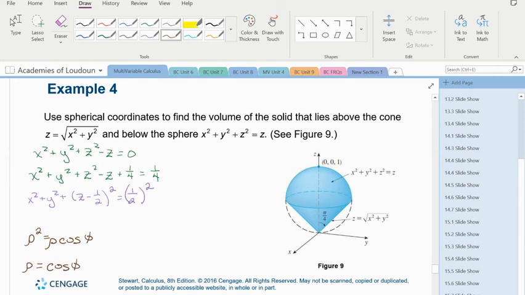The equation of the cone can then be written as rho cosine phi is equal to the square root of rho squared sine squared phi cosine squared theta plus rho squared sine squared phi sine squared theta, and I apologize, this should be a cosine squared theta, which then simplifies to rho sine phi.